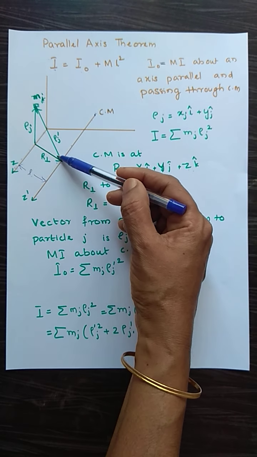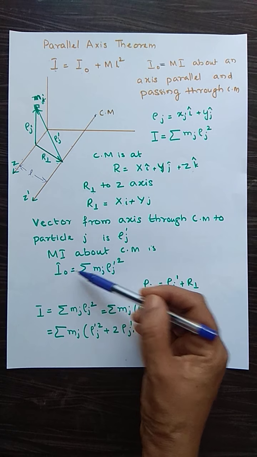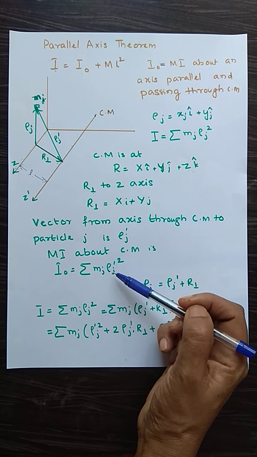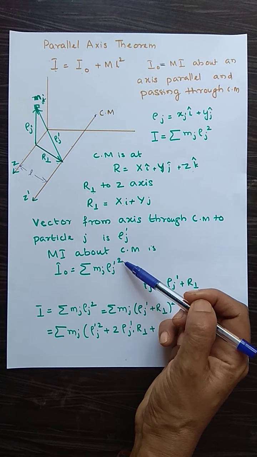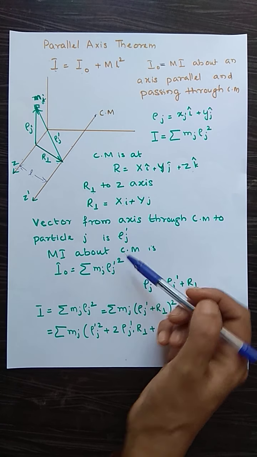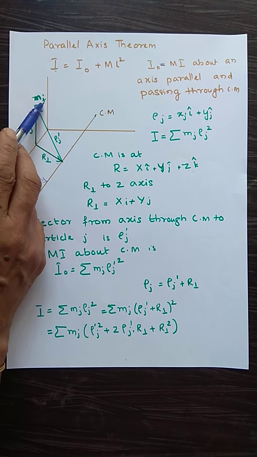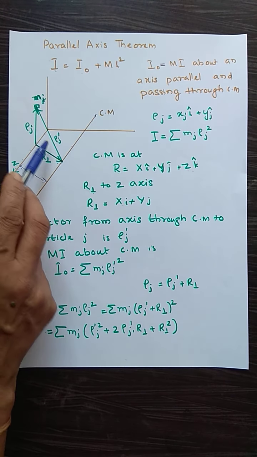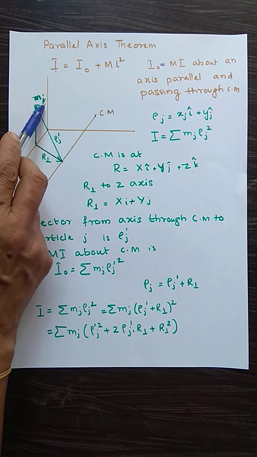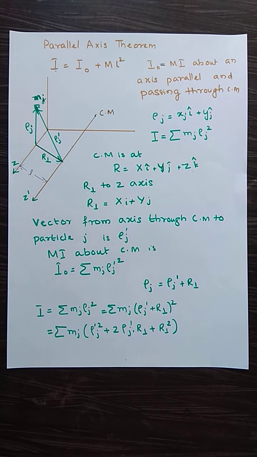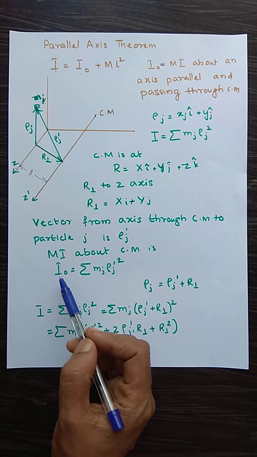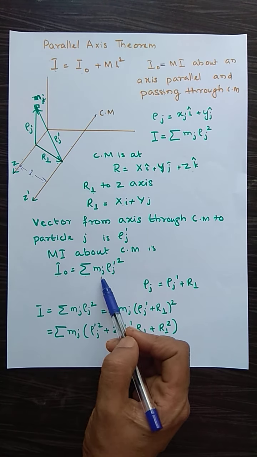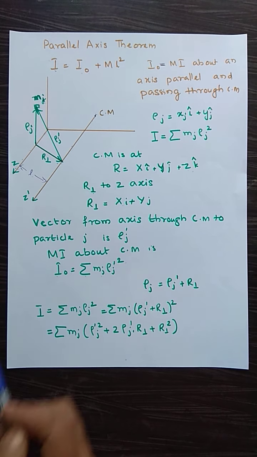The moment of inertia I0 will be equal to sum over mj rho j prime square, or rho j dash square. That means mj rho j dash square is the moment of inertia of the jth particle. Like that, you will be summing up all the particles which constitute the body. So I0 will be equal to sum over mj rho j prime square.